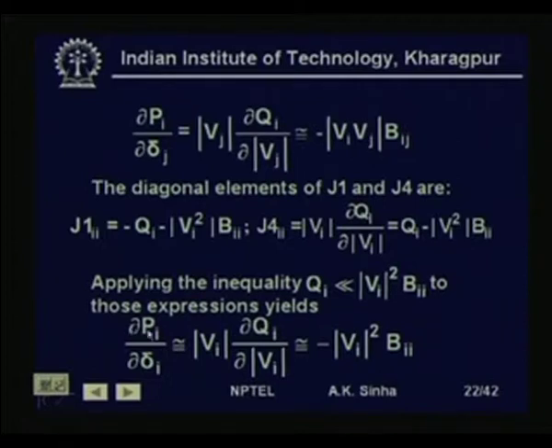So, the expression for del pi by del delta i will be approximately equal to Vi into del Qi by del Vi, and both will be approximately equal to Vi square into Bii. So, this is what we see, that the diagonal elements will be given by this, whereas the off diagonal elements will be given by this.